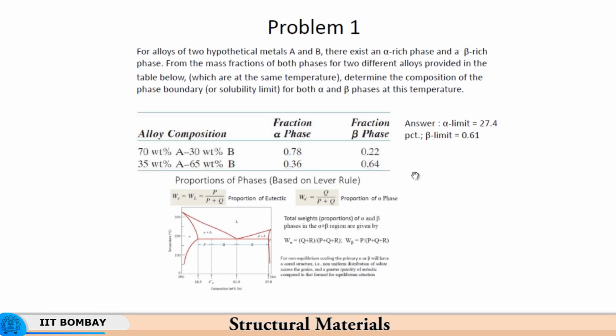So, you get Q plus R as the alpha limit. So, what you are trying to do is that given the weight alpha and weight beta, now you have how many unknowns? You have P, Q and R as the unknowns, and what has been given is fraction of alpha phase, fraction of beta phase, and so you have been given some data based on which you can establish this, because this chemical composition is given. So, you have actually 3 genuine variables: 0.78, 0.36 and the chemical composition here.